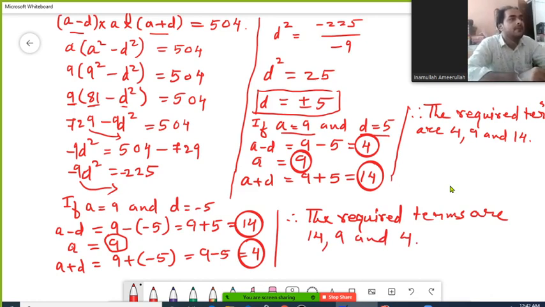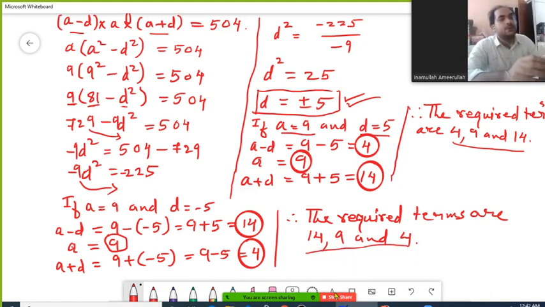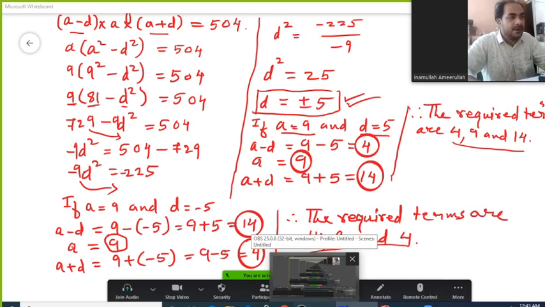If your d is plus 5, then the three required terms are 4, 9 and 14. If your d is negative 5, then your three required terms are 14, 9 and 4. So this question has two possible solutions, 4, 9, 14 or 14, 9, 4. Hope it is clear to everybody.